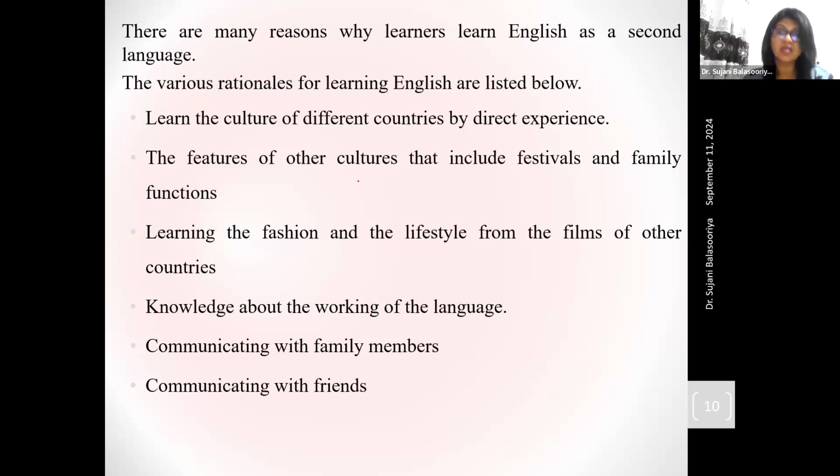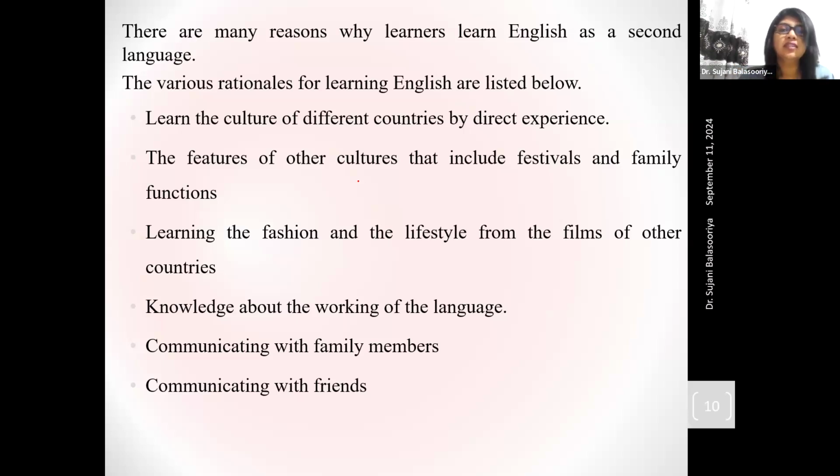Everything is included when we talk about culture. Then also festivals, family relationships, functions. You can expose yourself to these cultural features as well via English.